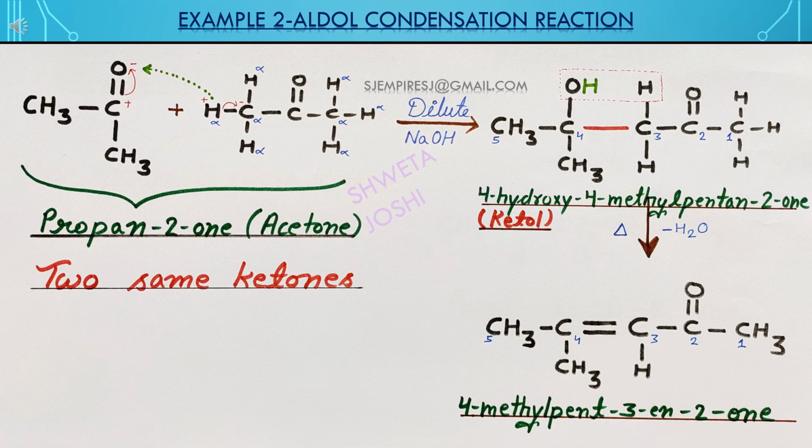Similar to our first example, alpha hydrogen atom will migrate to negatively charged oxygen atom of the first molecule after the bond dissociation, and then the carbon atoms with positive and negative charge will combine to form ketol as condensation product. The condensation product on heating will lose its water molecule, forming alpha beta unsaturated product.